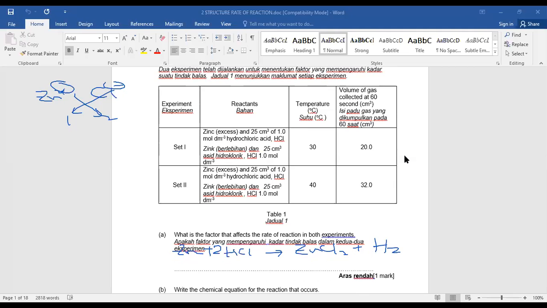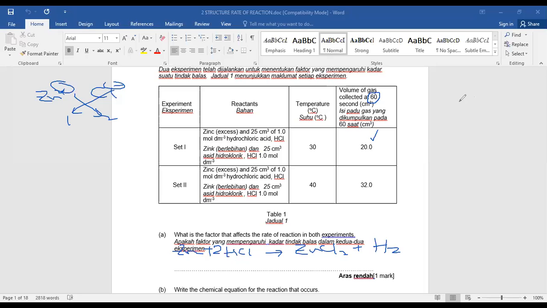If you have problem to get the answer, can you see here, this part? Volume of gas collected at 60 seconds. That means the time is 60 seconds, the volume is this. Now, when you are calculating, let's say this question is changed to become an essay question. When you want to calculate, you please write like this.